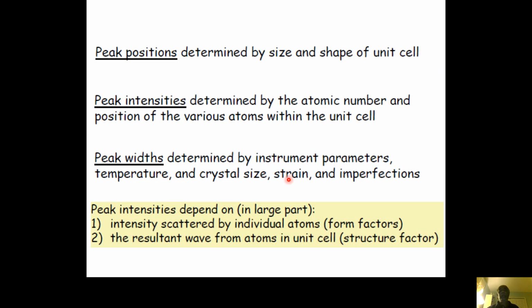Also later we'll talk about your crystal size, and if they have some strain or other imperfections, they can also increase the peak width. Peak intensities, like I said, depend on the intensity scattered by individual atoms, that's the form factor, right? Then coming from the structure factor, that's basically how intensities are determined.